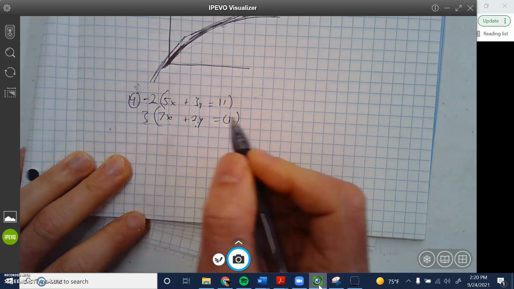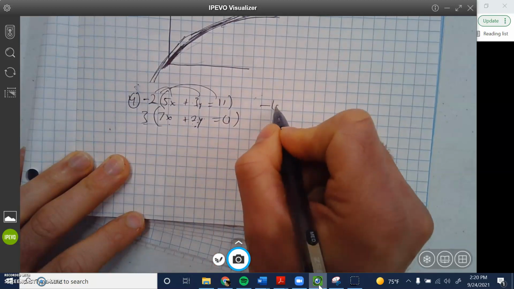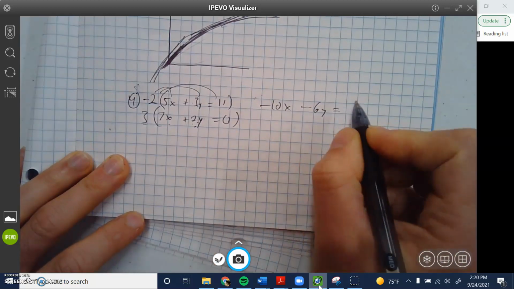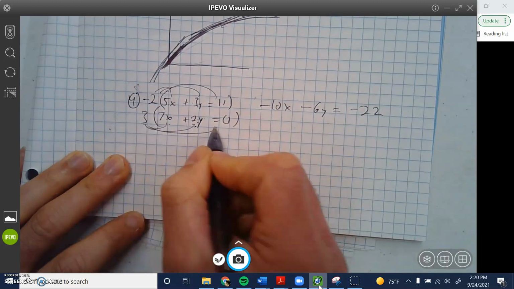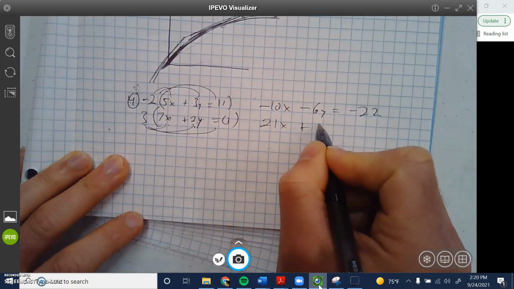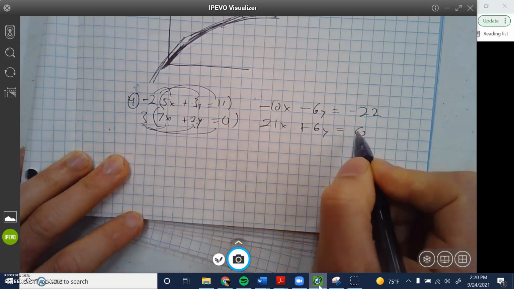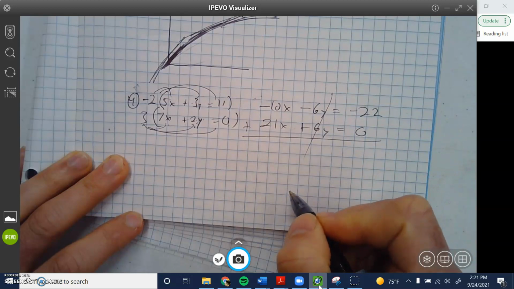So that's going to be -10x minus 6y equals -22. 21x plus 6y equals 3 times 0, which is 0. There we go.